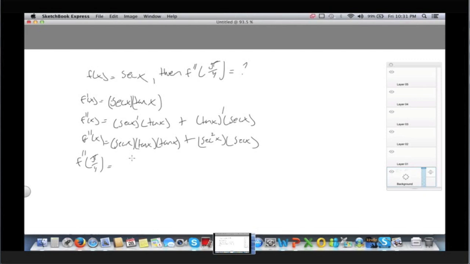Okay. I guess that's what I thought those buttons were, but I'm mistaken. Okay. 1 divided by cosine of pi divided by 4. Okay, secant squared.